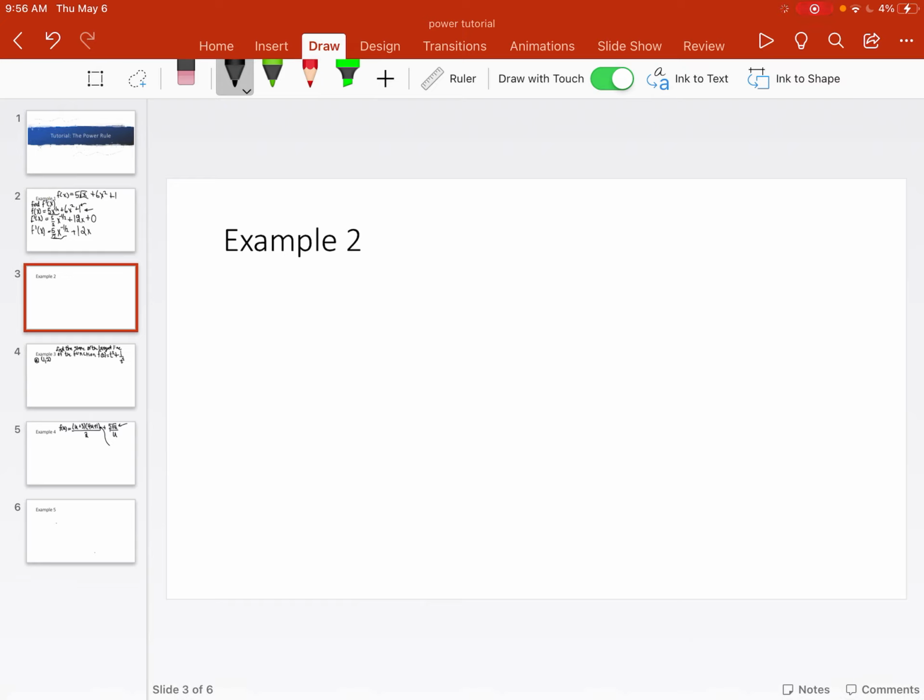So our second example gives us a function f of u is equal to 2u plus 3 times u plus 1.